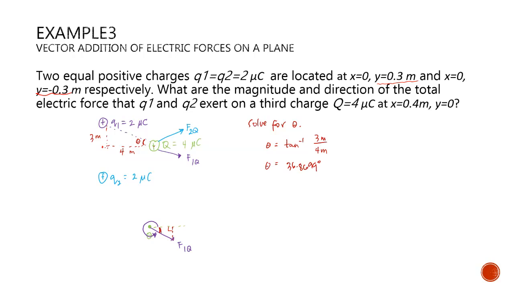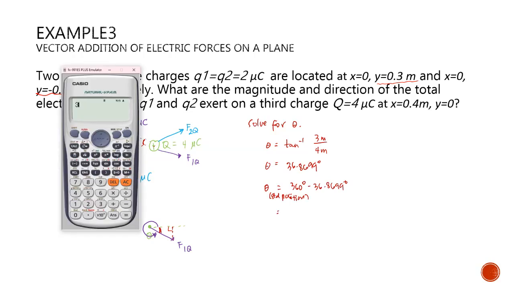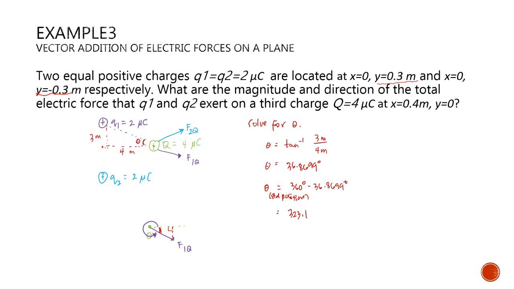If we use the standard position, that would be 360 degrees minus 36.8699 degrees. So that's 360 minus the answer, so 323.1301 degrees. So this is the angle for F sub 1Q.